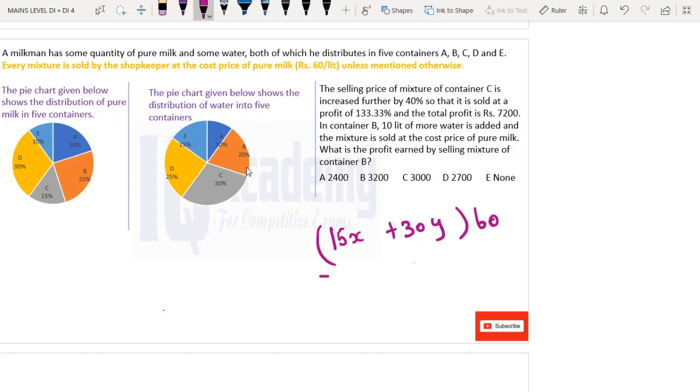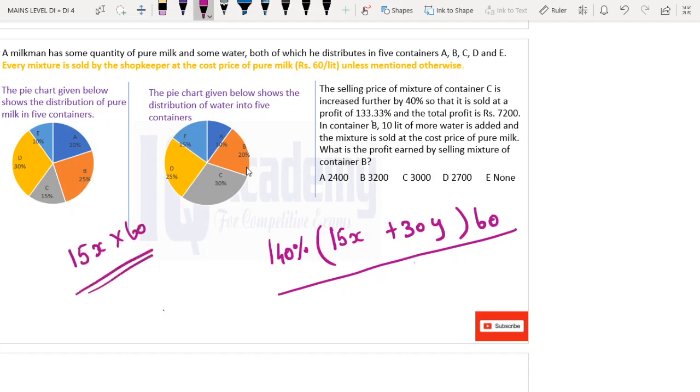If you increase this by 40%, it will become 140% of 15x plus 30y into 60, so that it is sold at a profit of 133.33%. Here, what is the cost price of C? 15x into 60.